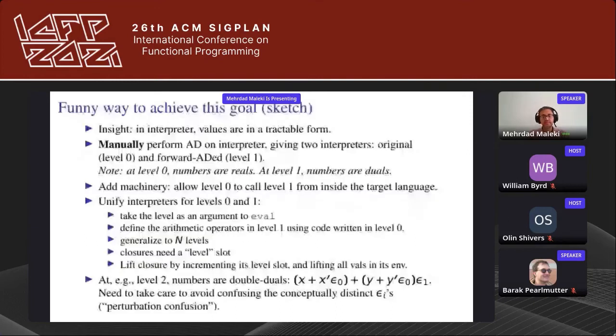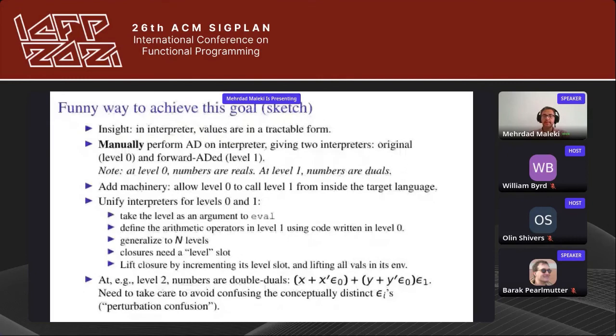But the way to achieve this goal in the interpreter is that values are in tractable form. By manually performing AD on the interpreter, we have two levels: the original level, level 0, and forward AD, which is level 1. At level 0, numbers are just real numbers, but at level 1, numbers are dual numbers.